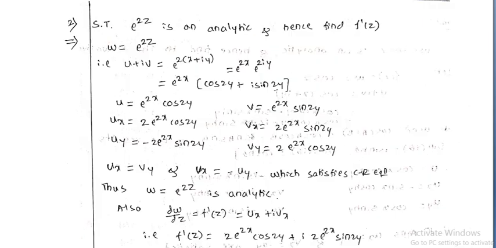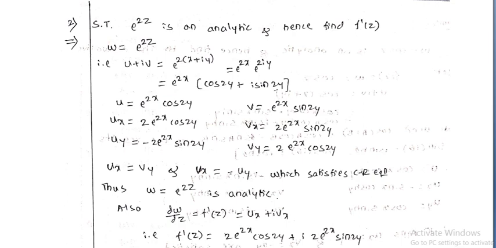Second example: show that e to the power 2z is analytic and hence find f dash of z. Here also we are solving the example in Cartesian form. So w equals e to the power 2z. We know that in Cartesian form z denotes x plus iy and w denotes u plus iv.